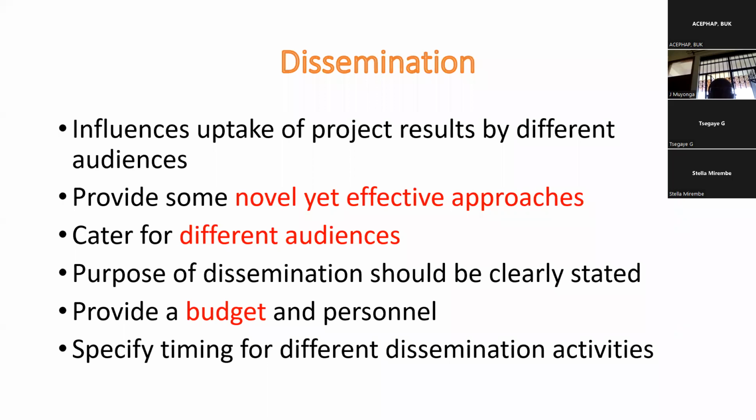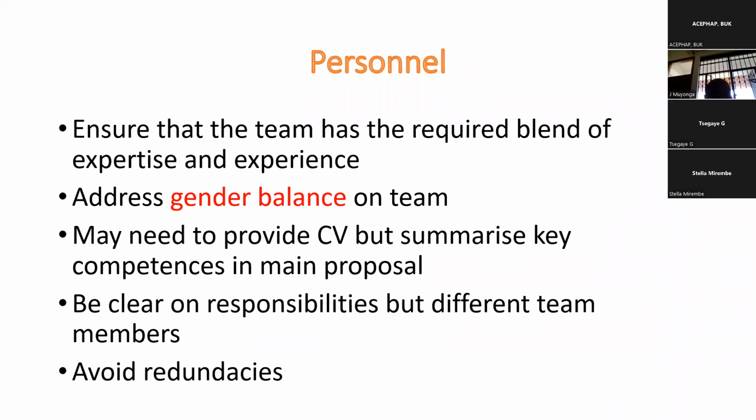If you think that the scientific community is important, you possibly have publications. But if you also think farmers are important, publications may not be useful for farmers, so you need also to take into account that. If you think policymakers are important, how are you going to disseminate to the different audiences? So it's important that you understand the audiences and have a clear plan on the dissemination to those audiences.